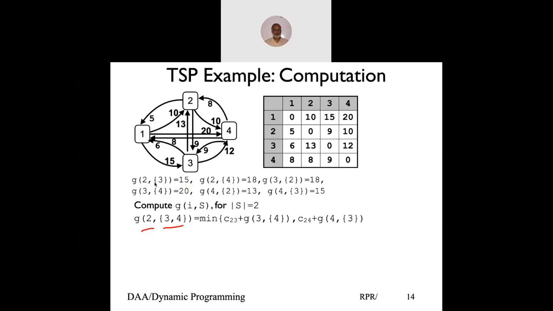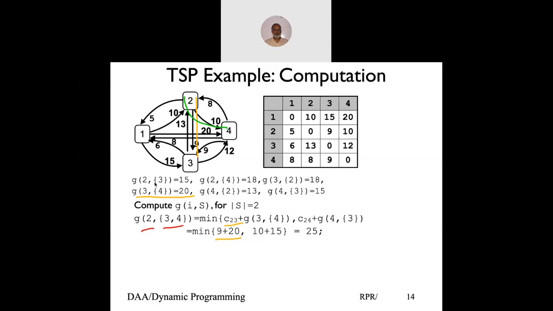Similarly, C24 is 10, and we computed G(4, {3}) as 15. So this becomes the minimum of C23 plus G(3, {4}), that is 9 plus 20, and C24 plus G(4, {3}).